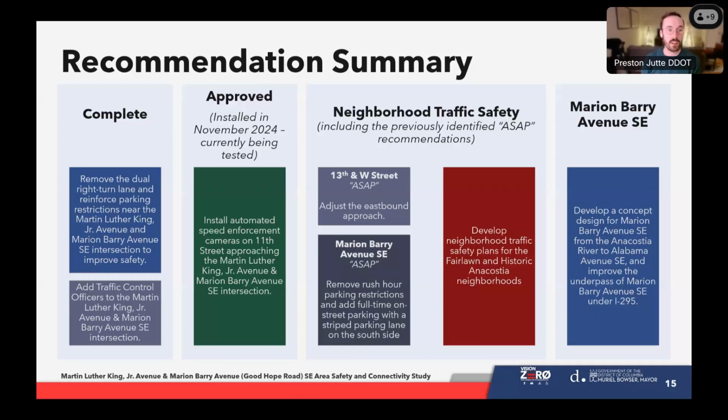One thing that's approved and installed and in process that hopefully you have seen is on the 11th Street Bridge coming over from Navy Yard, so south towards Anacostia, there is a speed enforcement camera now on the 11th Street Bridge. One of the biggest safety issues that we have heard time and time again is speeding into the neighborhood coming across the bridge, coming off of 295, which drives a lot of the safety issues at the intersection itself.